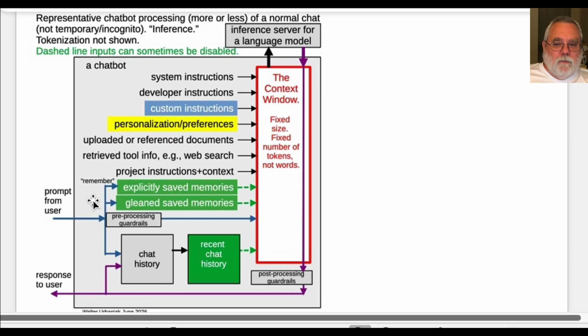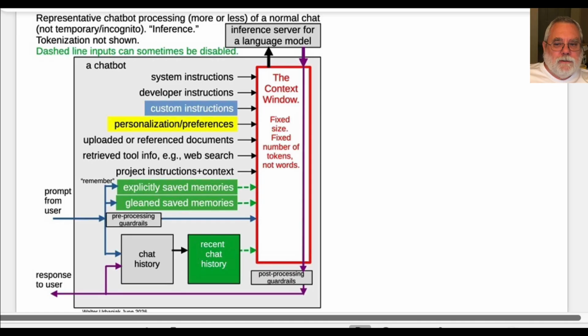Some of this gleaned information the chatbot saved as gleaned saved memories, either account-wide gleaned memories or project-local gleaned memories for chats within projects, for Claude and Gemini, not for Copilot or ChatGPT by default. When permitted by your settings, gleaned saved memories get included in the context window of ordinary chats, not temporary or incognito chats.